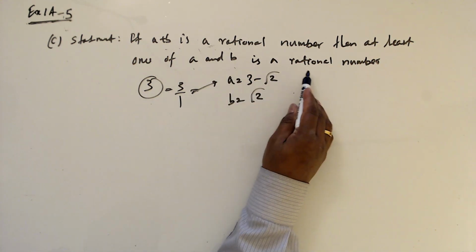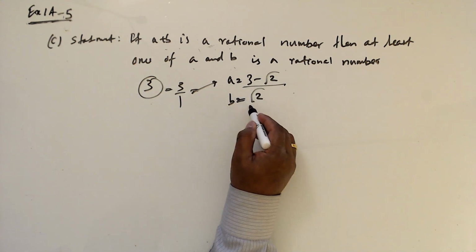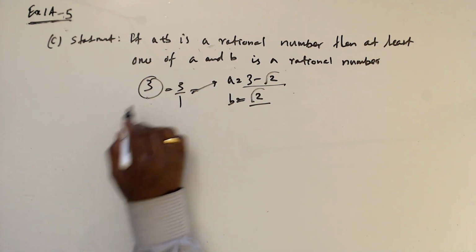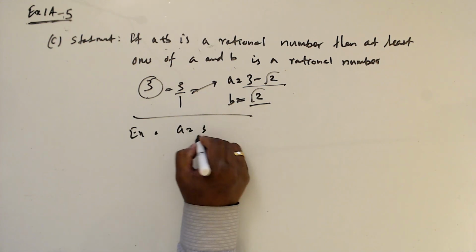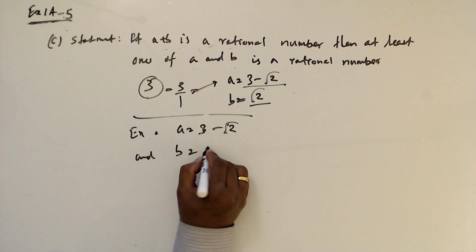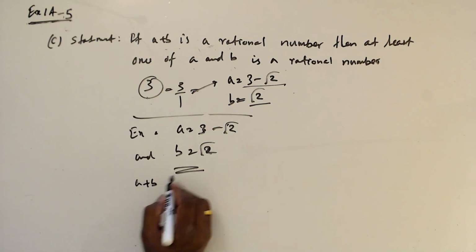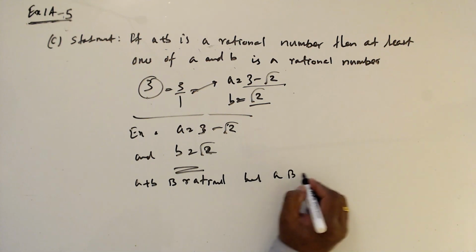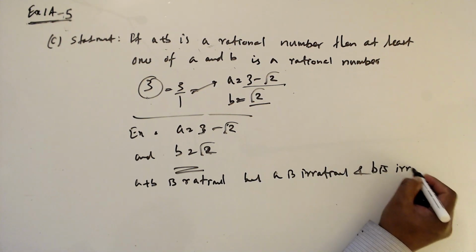Now you can see this is not rational and this is not rational, so both are not rational, but still A plus B makes a rational number. There are an infinite number of examples. With A equal to 3 minus square root 2 and B equal to square root 2, A plus B is rational, but A is irrational and B is irrational.